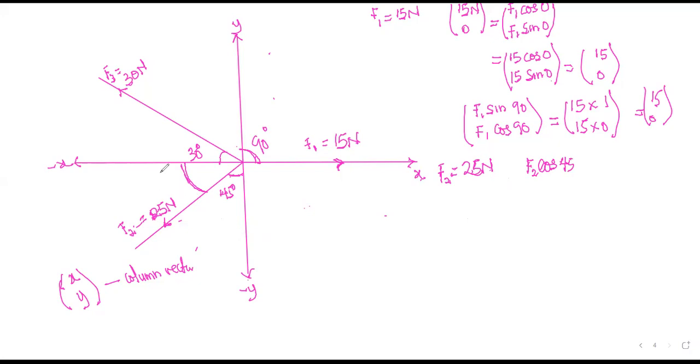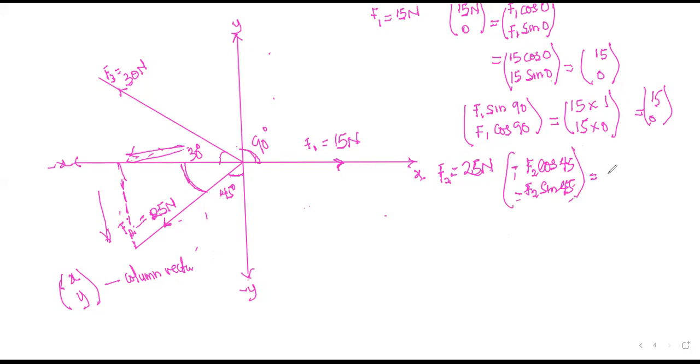But within this quadrant, x is negative. This is the y component, and this is the x component. So within this quadrant, x is negative. So bring the negative here. Then the y component, within the same quadrant, y is also negative. So minus F2 sine 45.